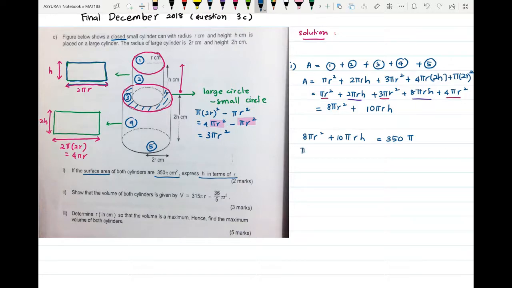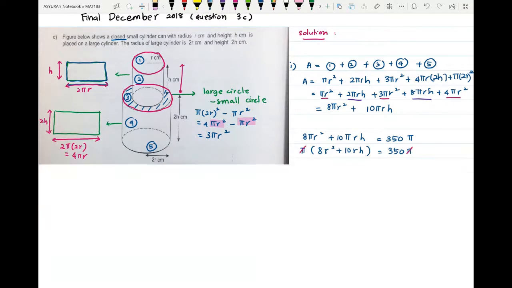You can factorize your pi, then simplify your pi.